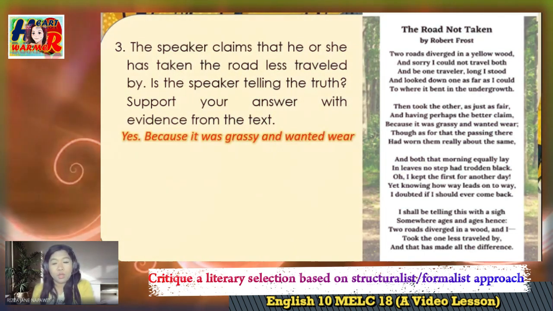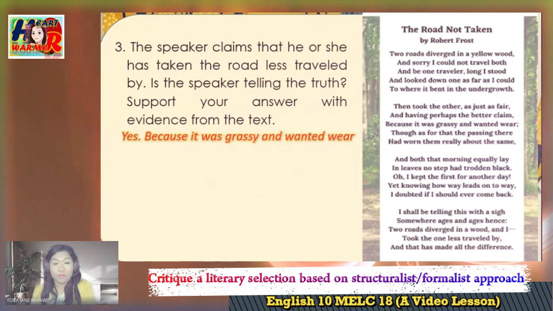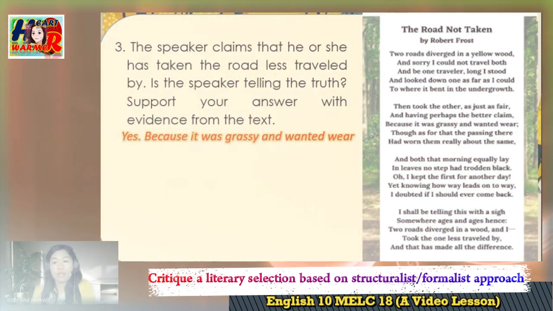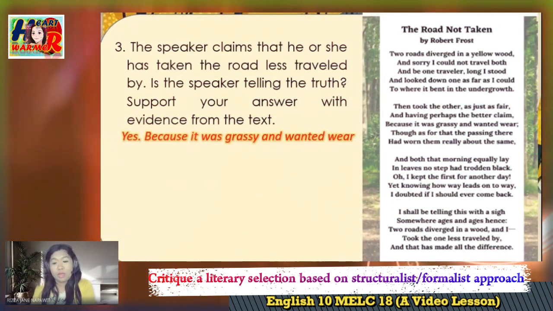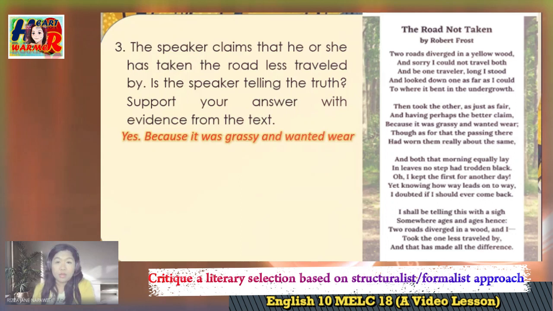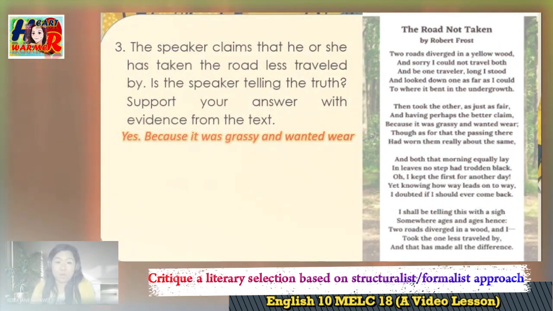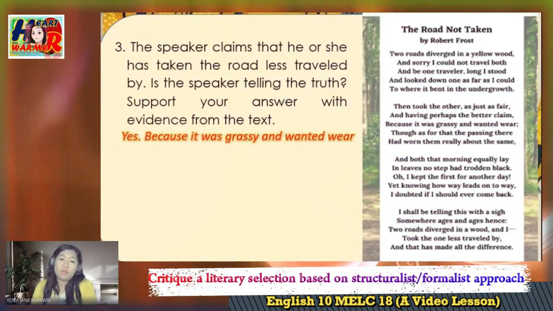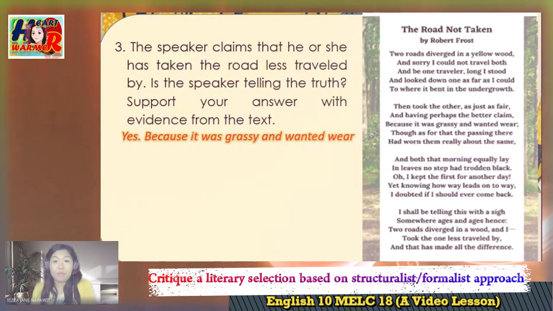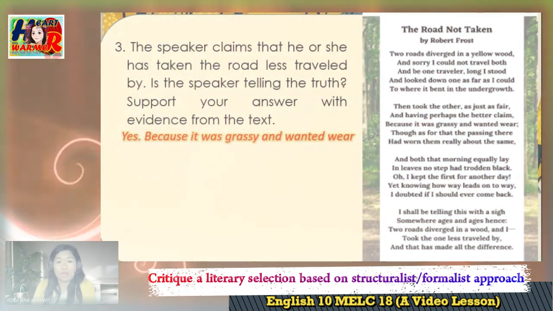Now, I'm not sure if you can observe that in a certain field with grass, if you see a portion where no grasses are growing, that means that particular space is something that people usually use in traveling.